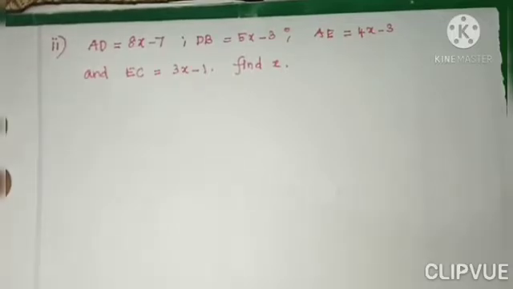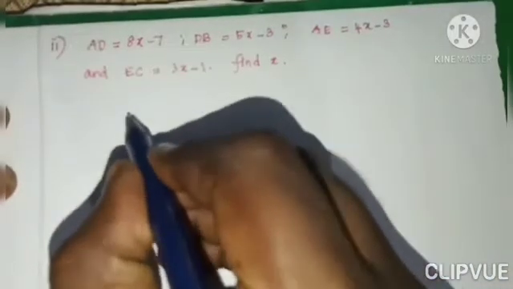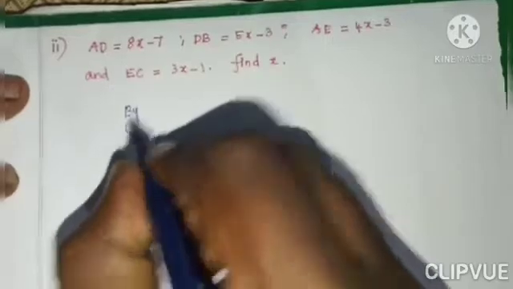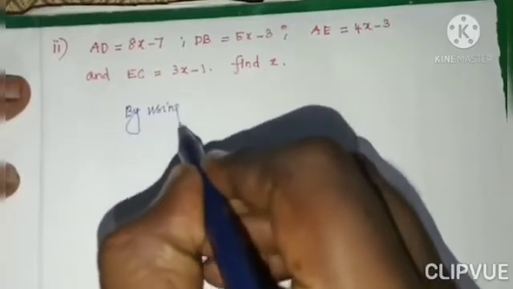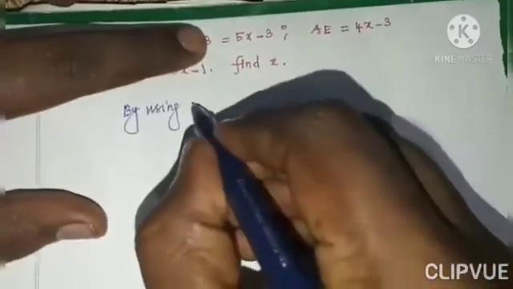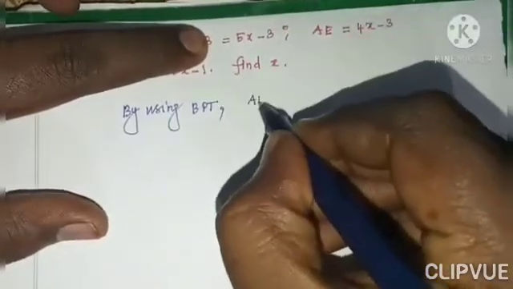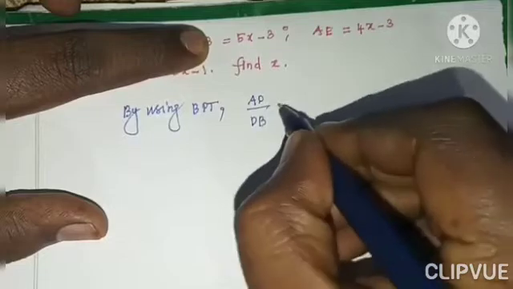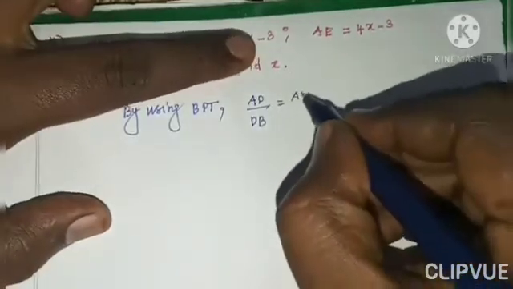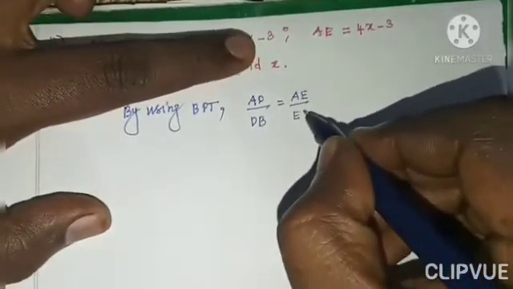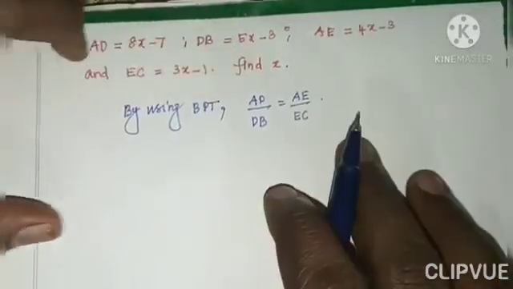We know the theorem. By using the basic proportionality theorem, it states AD by DB equal to AE by EC. We just replace the values.